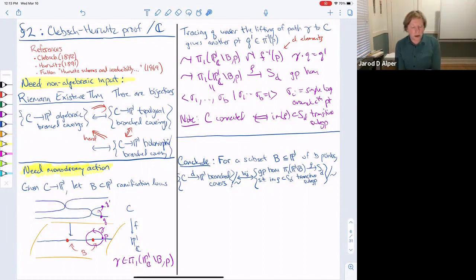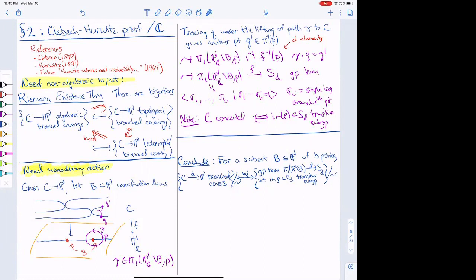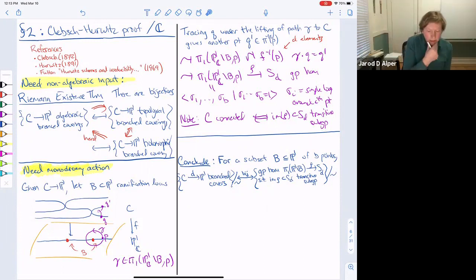This picture is drawn as an illustration of the map, not really of the curve. It's the same as thinking about the map A1 to A1 where x goes to x squared. But yeah, so far C is smooth in this whole story.